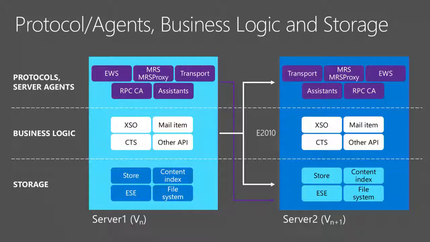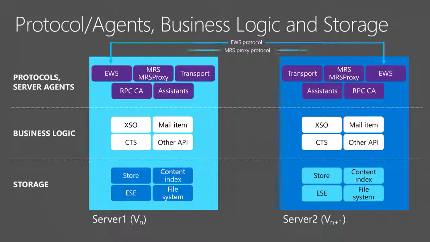This created problems. This actually defeated our original goal for Exchange 2010 of having these individual discrete server roles being loosely coupled. In fact, this required them to be tightly coupled. And so what we did in 2013, we changed the architecture such that if this server, which was version X, needed to talk to this server, which was, say, version X plus 1, a slightly later version, instead of crossing those layered boundaries and therefore running into cross-version functionality issues, now we force them to talk to their counterparts in that other server.